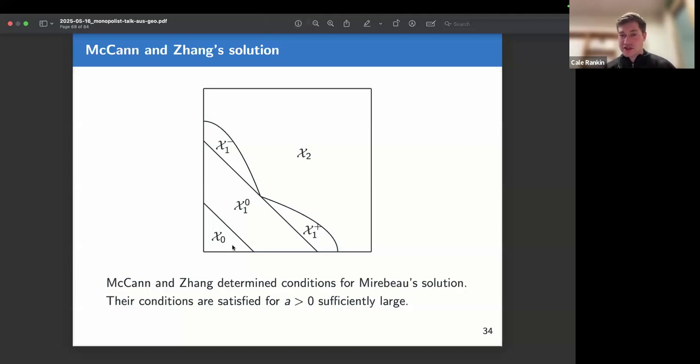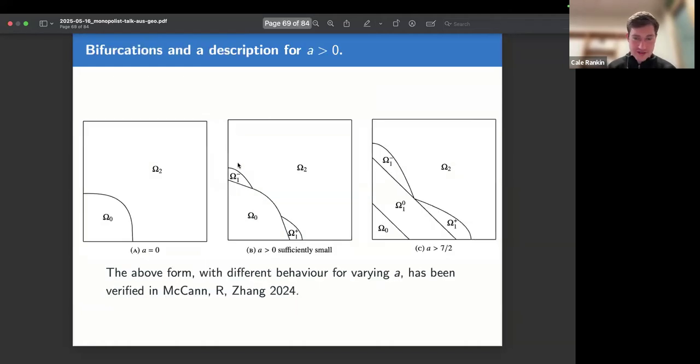And they gave conditions for the solution to be of this form. And part of my recent work with Robert and Kelvin is to show that those conditions are satisfied, provided A is sufficiently large. But there's that caveat, A is sufficiently large, because not only did we prove that this is the solution for A sufficiently large, we found some new behavior for A small and A equal to 0.